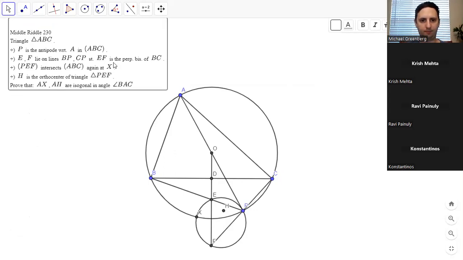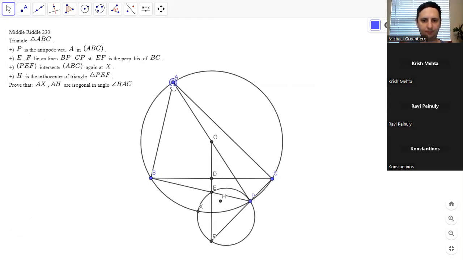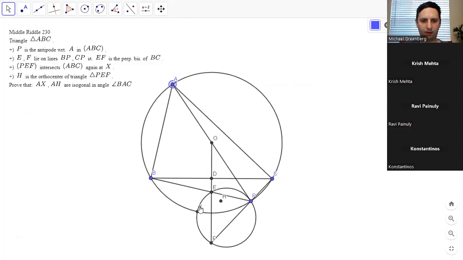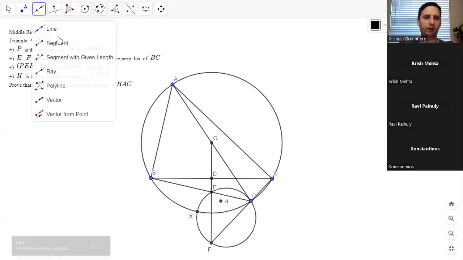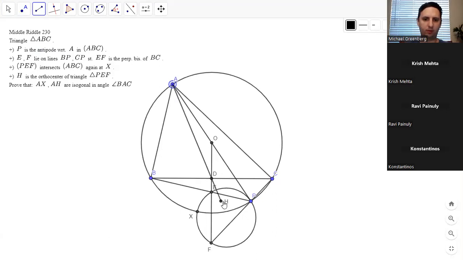All right. So how should we do this? It's got kind of a nice diagram. I wonder if A, D, and H are collinear. It almost looks like that's true.